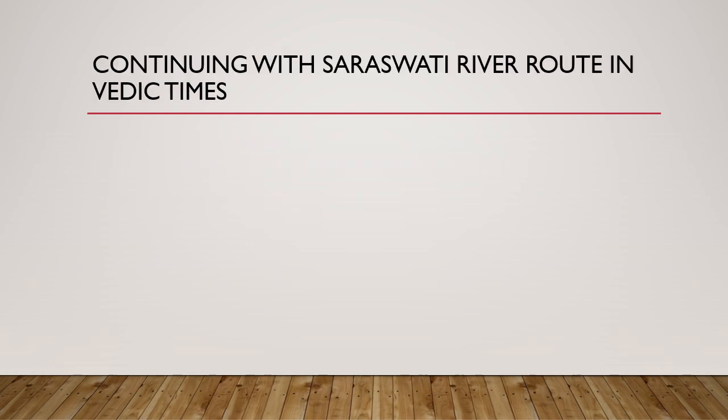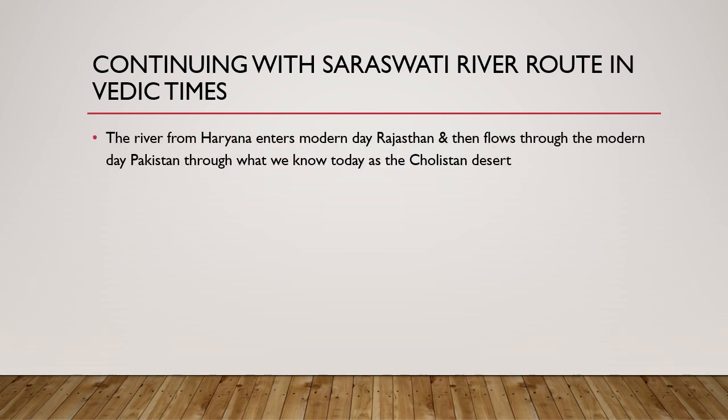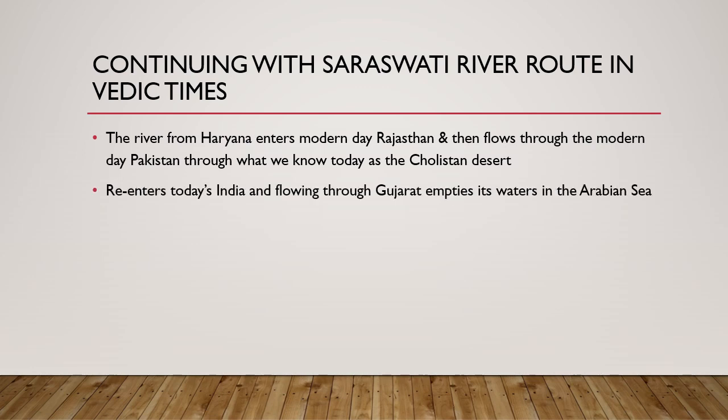Now let's continue with this Saraswati river route in the Vedic times, and we'll revisit this topic later. So from Haryana, the Saraswati river enters the modern day state of Rajasthan and then flows through some parts of modern Pakistan through what we know today as the Cholistan desert. It then re-enters India through Gujarat and empties its water in the Arabian Sea.